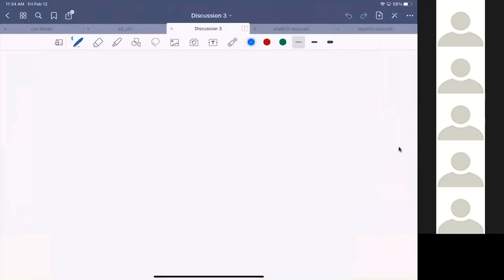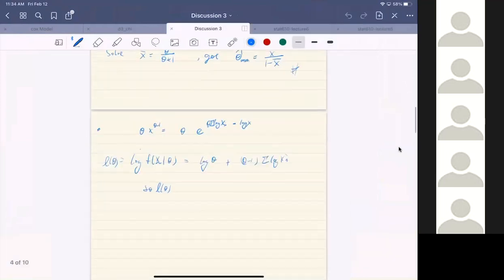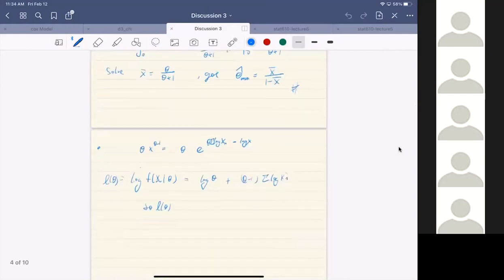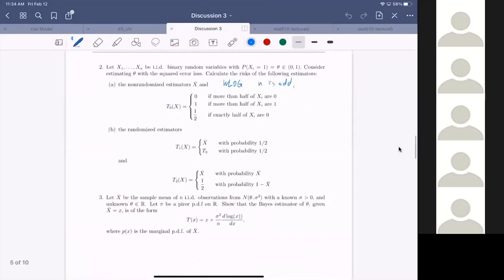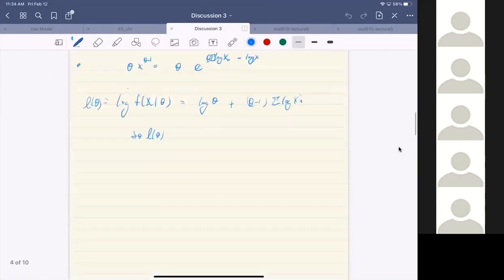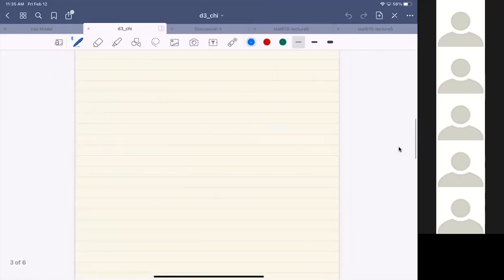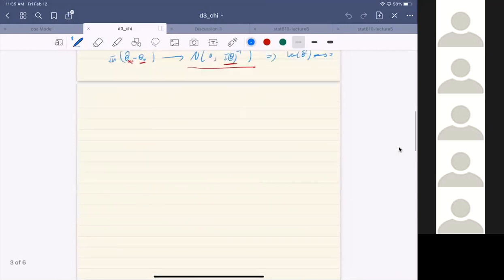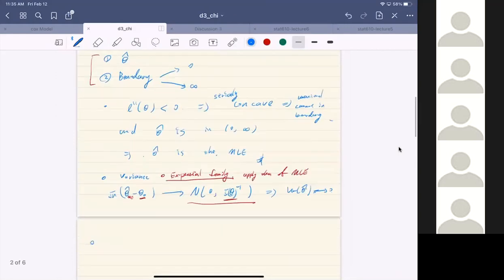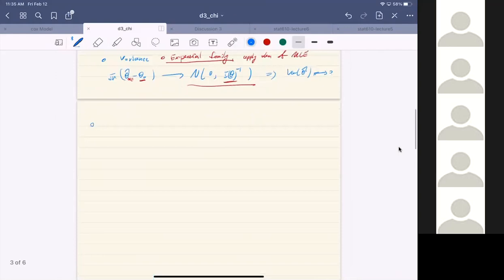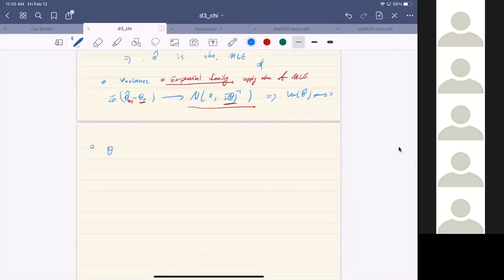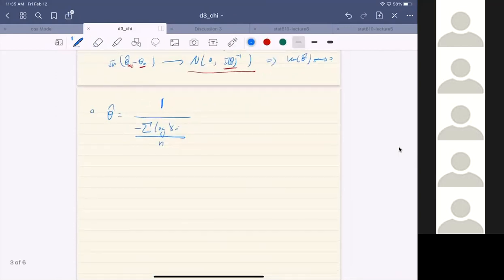Okay, let's try another way, without using that. I think the main part of this question is theta hat.